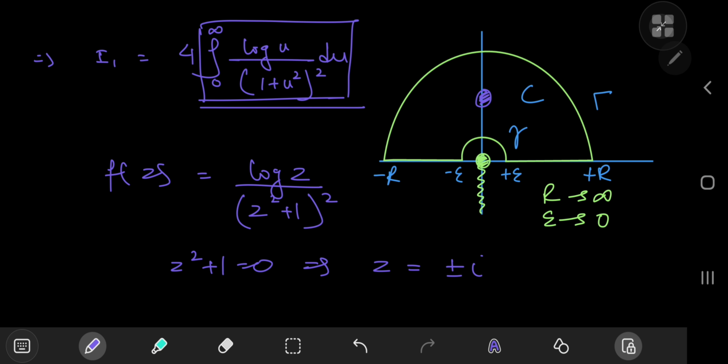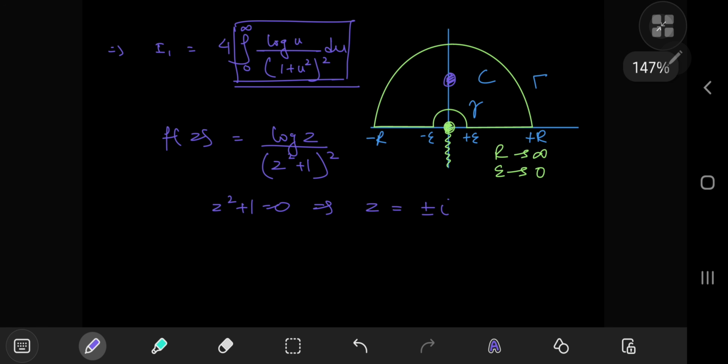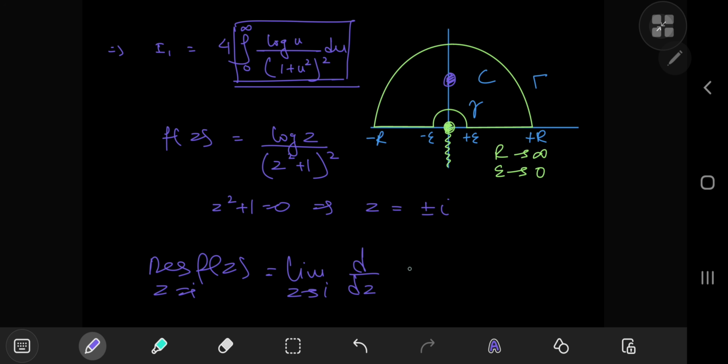And notice that because you have z squared plus 1 squared, this z equals i is a pole of order 2, which means to evaluate the residue of the function f of z at z equals i, we need the limit as z approaches i of the derivative with respect to z of z minus i squared times f of z. And this is a pretty straightforward evaluation.